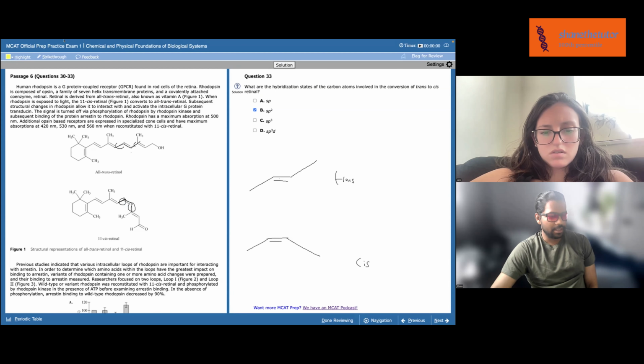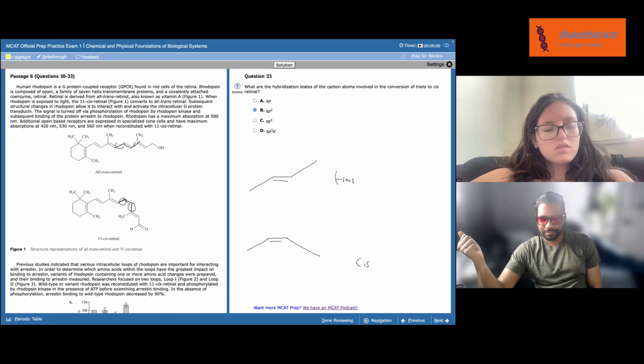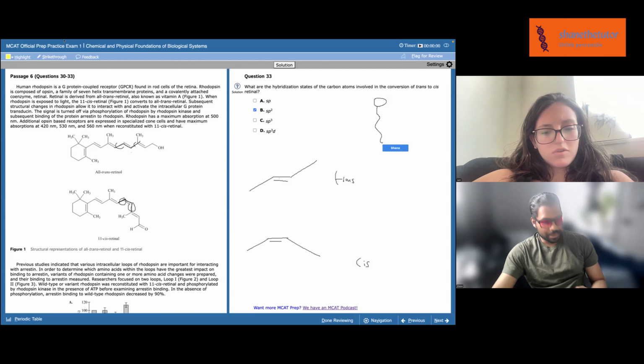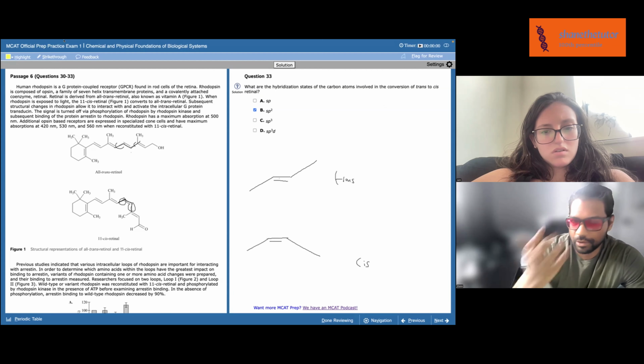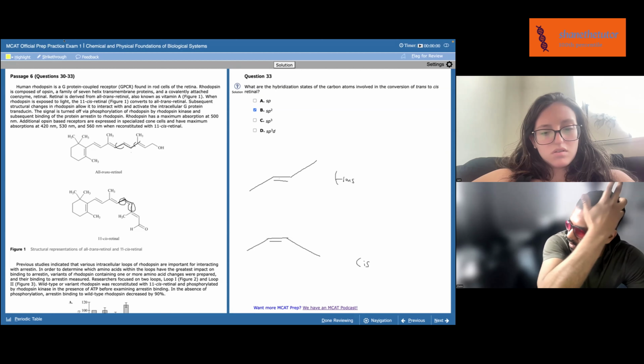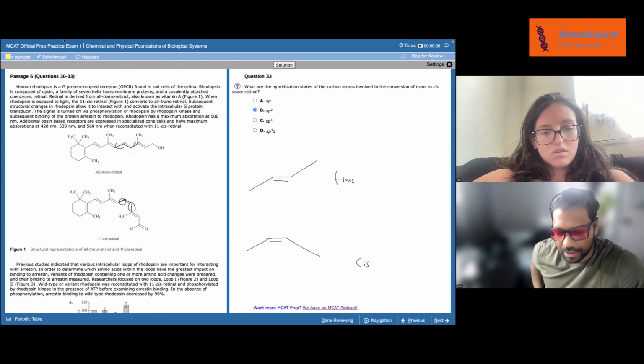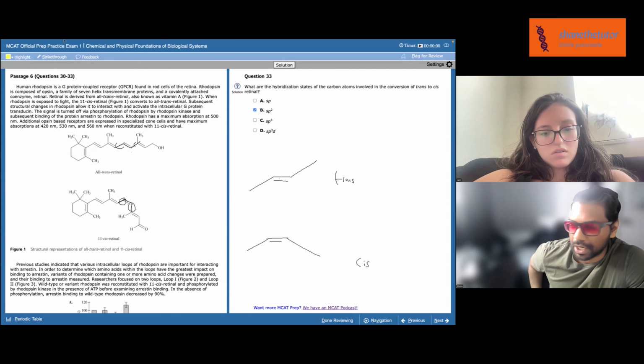Yes. So cis is also the thing that introduces that kink in olive oil. Olive oil is liquid at room temperature, whereas butter is solid at room temperature.